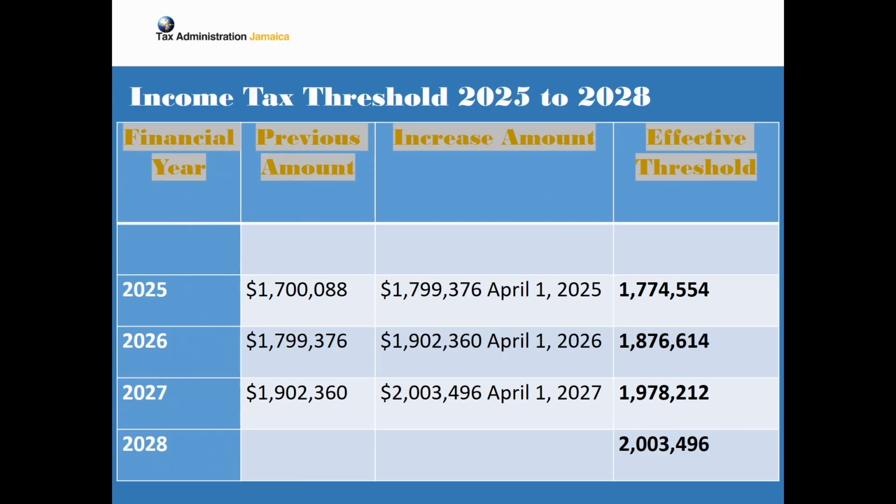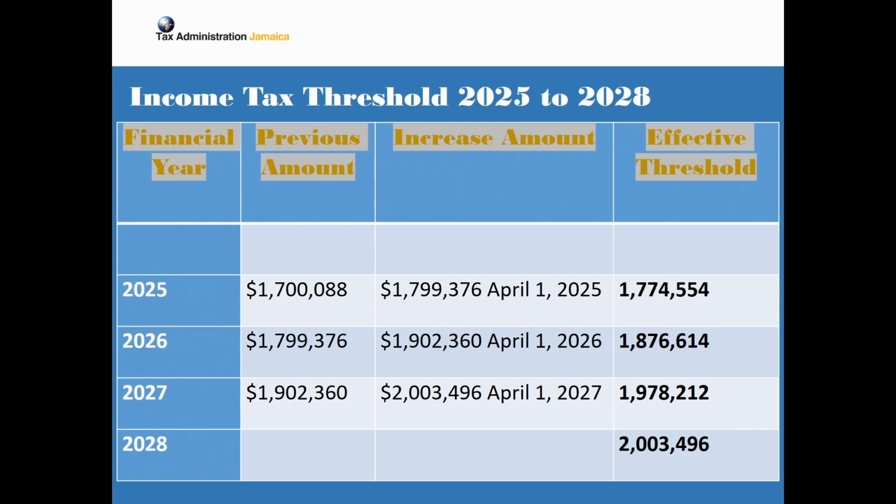But remember that you have the first 3 months at the old rate, and so when you add both the new rate for 9 months and the old rate for 3 months, you get what we call an effective threshold. And in this case, it is $1,774,554. That's the effective threshold for the year 2025.